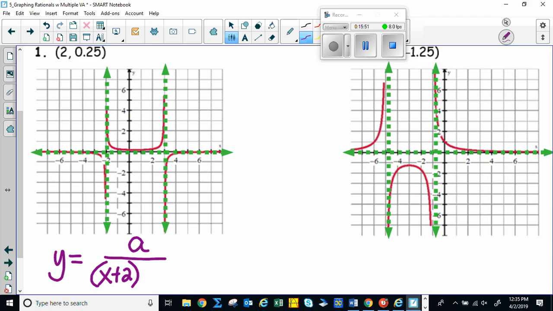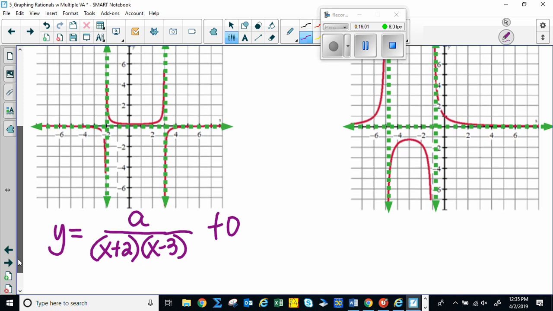If I shift a graph 3 units to the right, this will be x minus 3. And then I'm going to write plus 0 here, but you don't have to write it. I just wanted to point out that if you've got a horizontal asymptote, make sure you include it in the equation. So we can pretty much ignore that plus 0. I just wanted to show you the components.